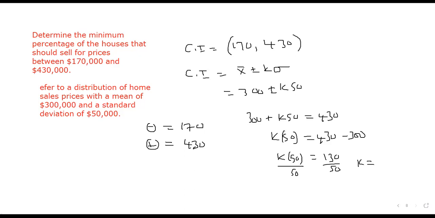2.6, correct? And 2.6 by heart gives 91.872%? Is that what we had? So K is 2.6, so 1 minus 1 over 2.6 squared. You can calculate it if you don't want to memorize, it's still the same.